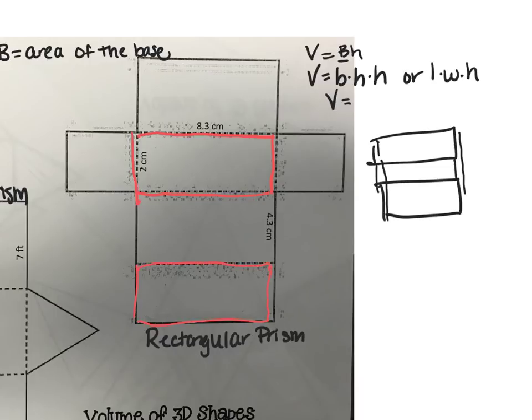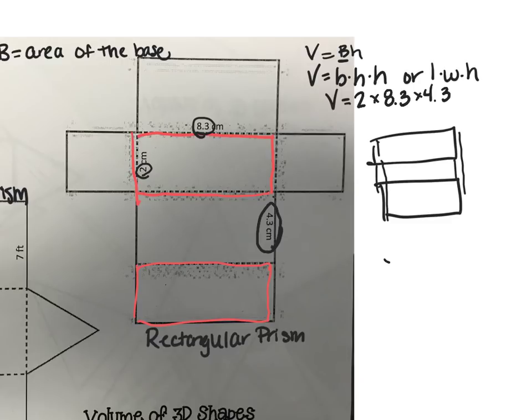To find the area of the base, we would say 2 times 8.3. And then the height would be the number from base to base, which is right there, and it is 4.3. So our problem is 2 times 8.3 times 4.3.